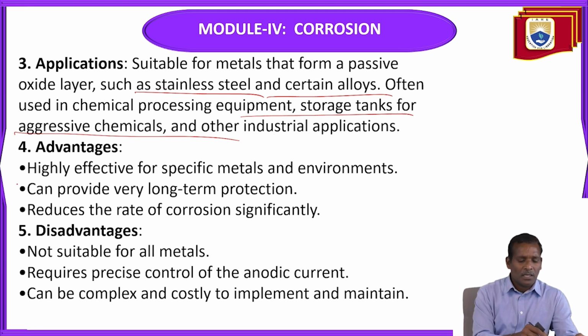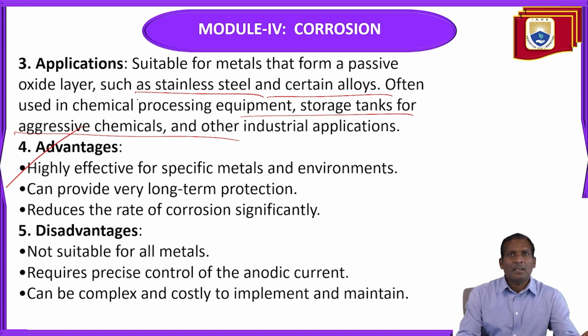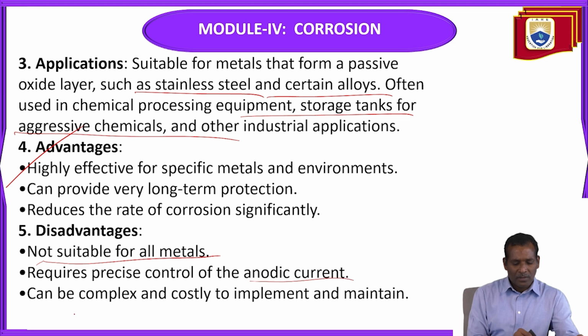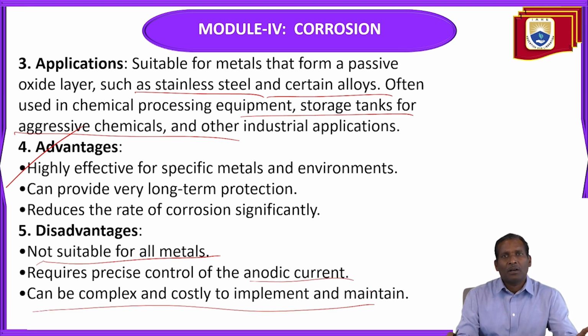The advantages are that it is highly effective for specific metals and environments, can provide very long-term protection, and reduces the rate of corrosion significantly. The disadvantages are that it is not suitable for all metals and requires precise control of anodic current. And one more thing is it can be complex and costly to implement and maintain.